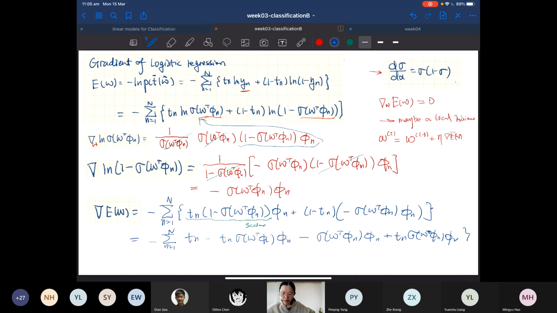All right, I believe we're done expanding. So notice that this one and that one cancel out. What we're left with is basically the sum over each data point, the term involving Tn, and also the term involving the sigmoid function times phi n.